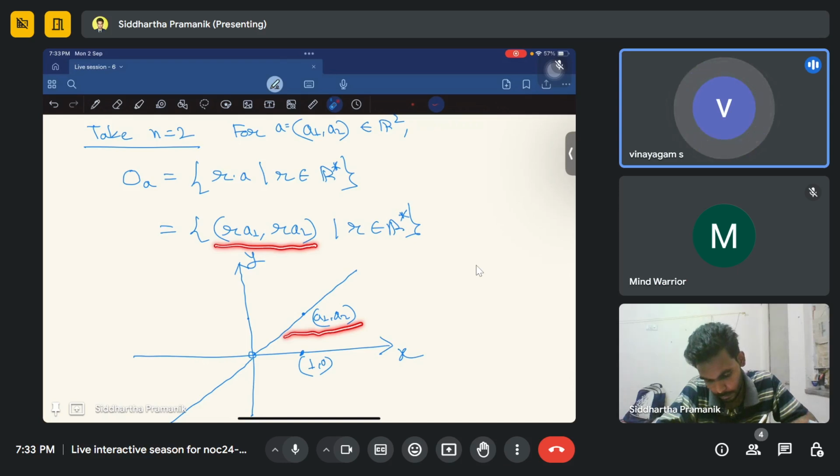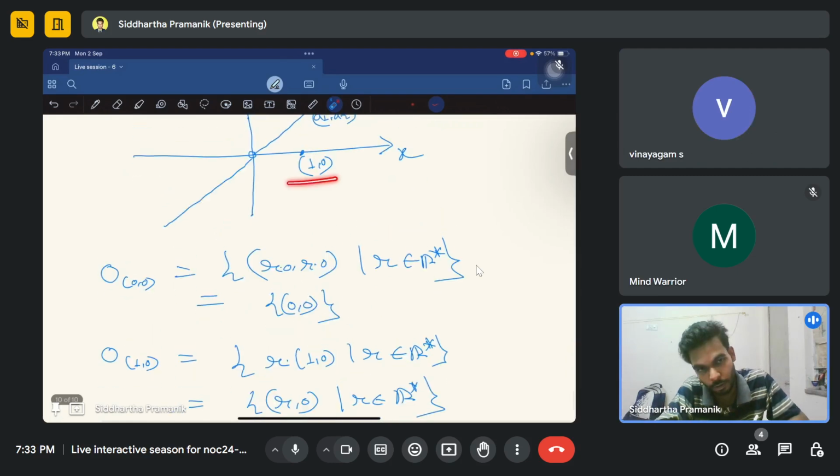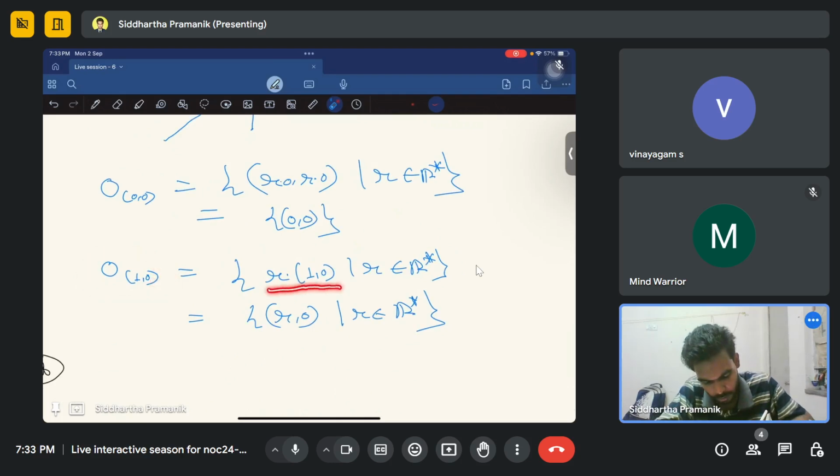As you take a fixed point, just like (1, 0) on the x-axis, we saw what the orbit of this point is. It is just r·(1, 0). This is (r, 0), and r can be any real number.